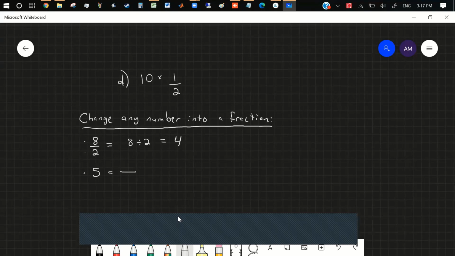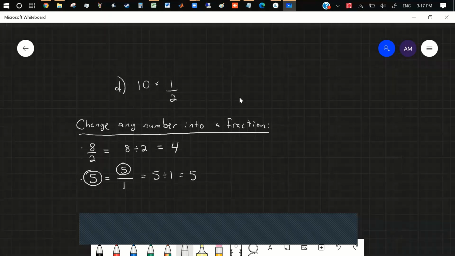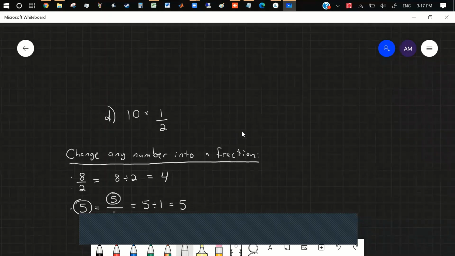The easiest way to go about this is to copy the same number and just put it all over 1, because no matter the number, if you divide it by 1, it will not change the answer. So 5 over 1 is the same as 5 divided by 1, which is just 5. So this works. Now, with that in mind, let's return to question D.